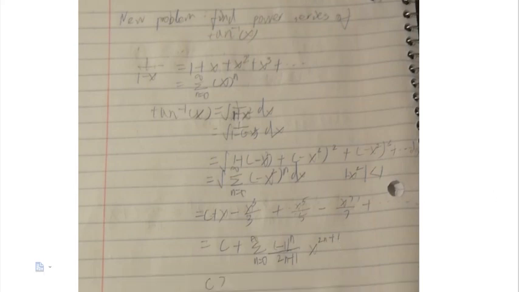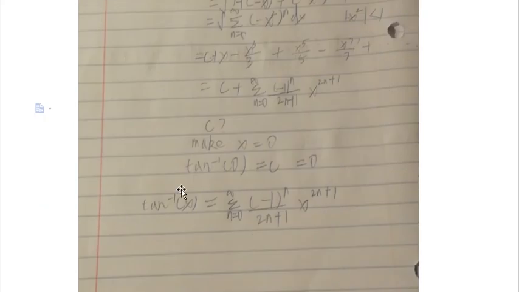Now we just need to know what is the value of c. And my solution is just to make x equal to 0 and plug x into the arctangent, so arctangent 0 equals to c. And because arctangent 0 equals to 0, therefore c equals to 0.